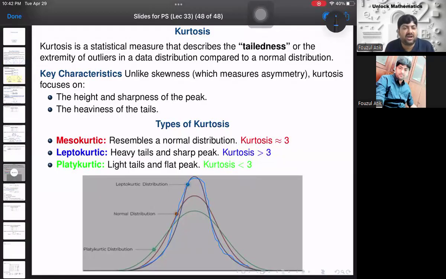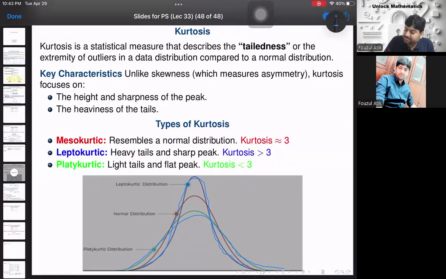If the kurtosis is less, then we see it below the normal, a little flat. The sharpness of the peak will be a little less and it is a little flat peak, right? It also describes the heaviness of the tail.